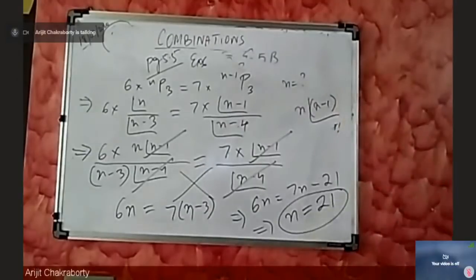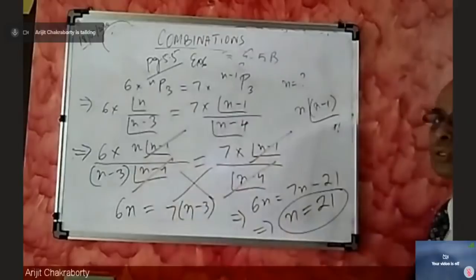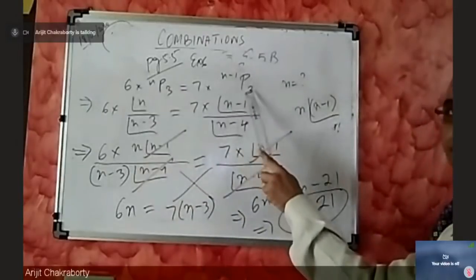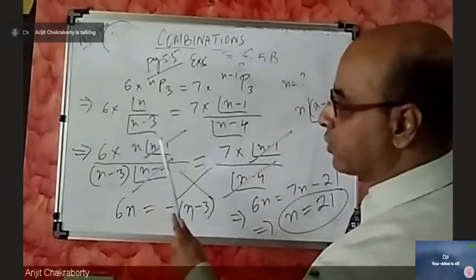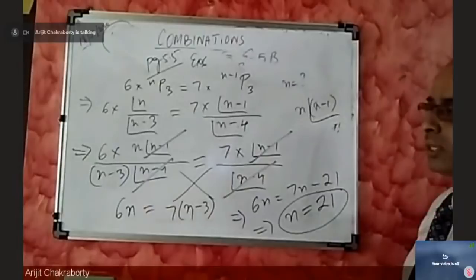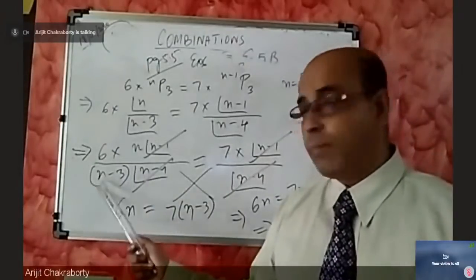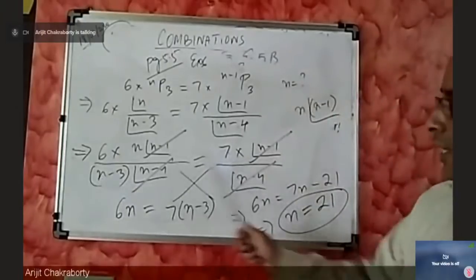Please see the problem once again. 6 into nP3 equals 7 into (n minus 1)P3. We broke up n factorial into n into (n minus 1) factorial, and (n minus 3) factorial into (n minus 3) into (n minus 4) factorial. Automatically these get cancelled out.